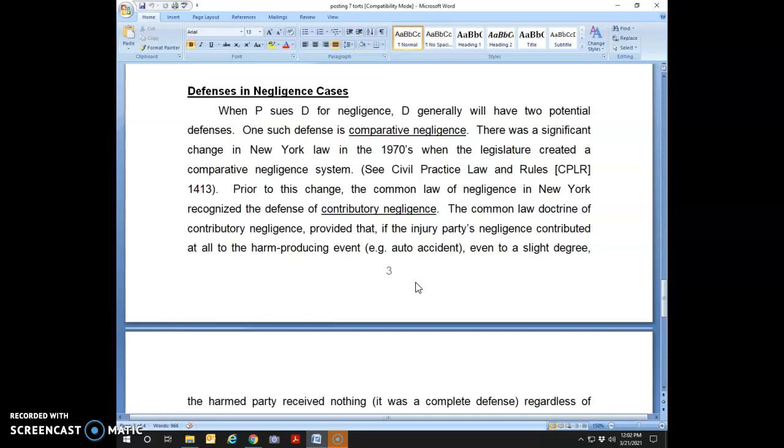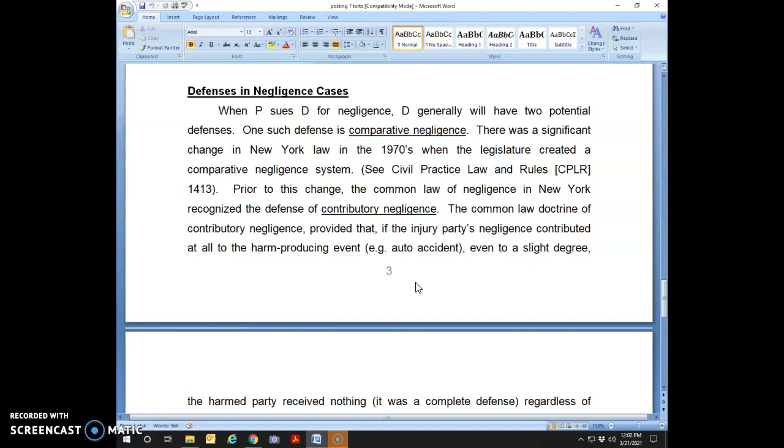One driver was negligent because that driver didn't look carefully enough before entering the stream of traffic, and the driver that smashed into the car entering the stream of traffic was driving too fast. You could have situations like that. Both, if you will, plaintiff and defendant are negligent.